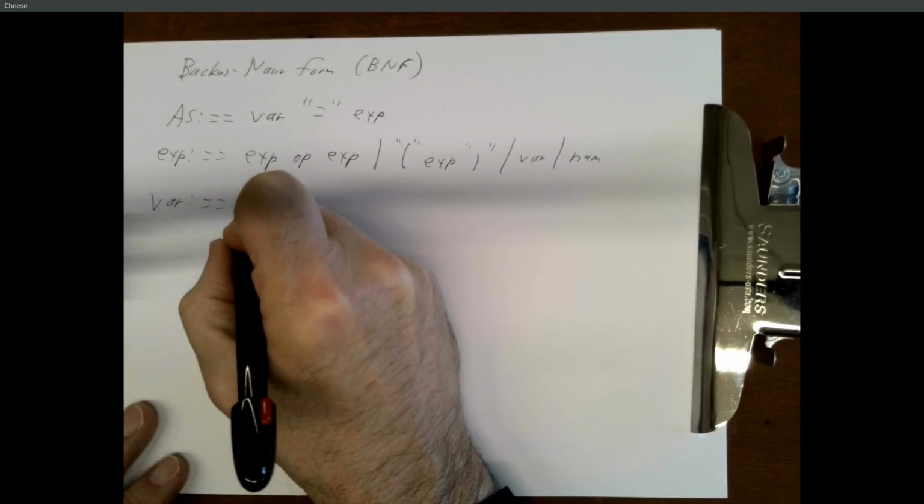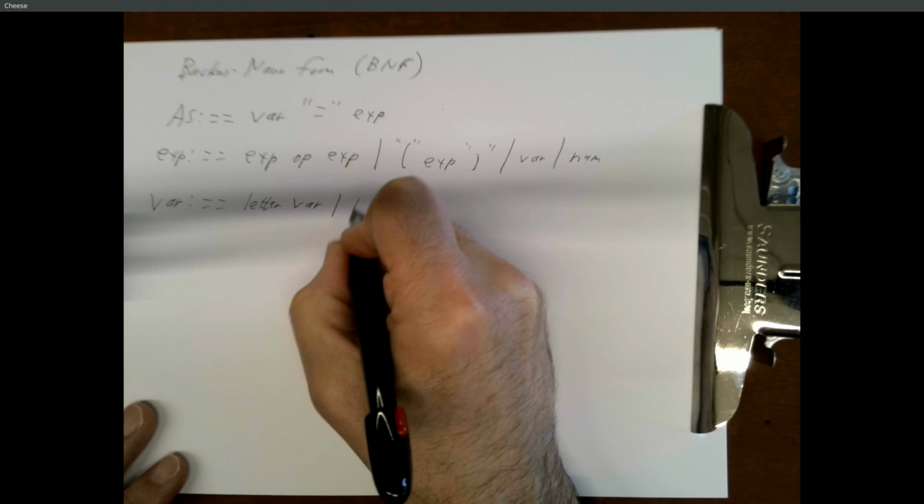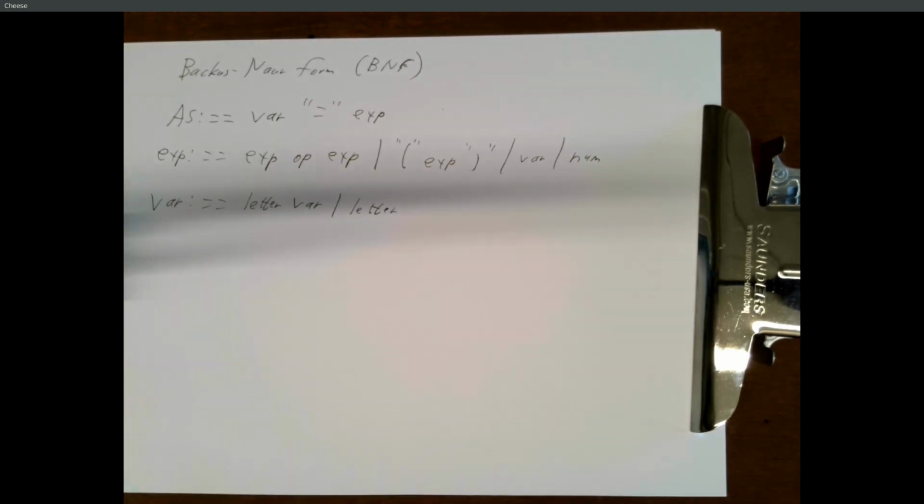A variable is a letter followed by a variable or just a letter. So you can have variables with letters in them but not numbers, just because it makes it a little easier.